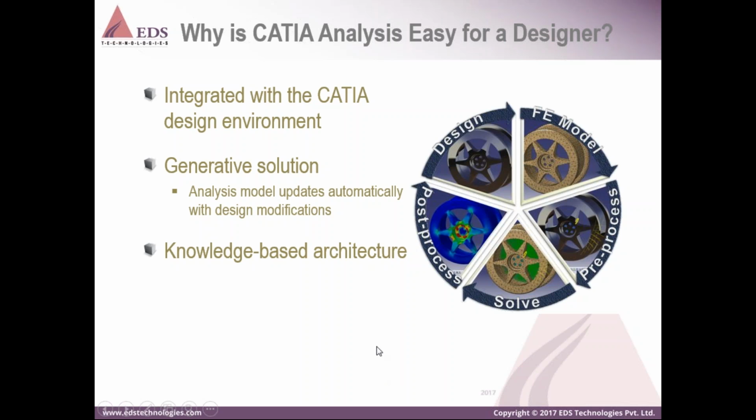Along with that, with knowledge based architecture, we can create the templates. There can be some parameters, there can be some design tables, and if we want to change the configuration of the initial design, the parameters will be changed, and the same analysis will be performed very easily.